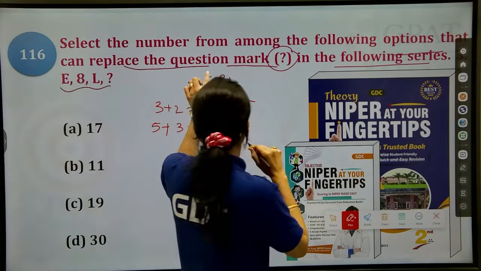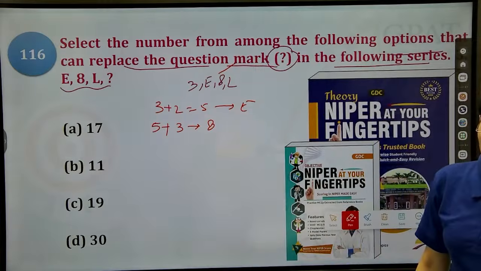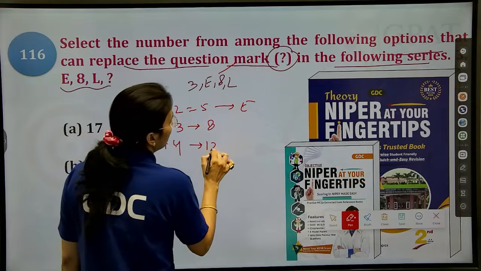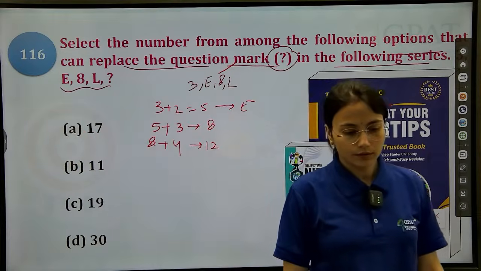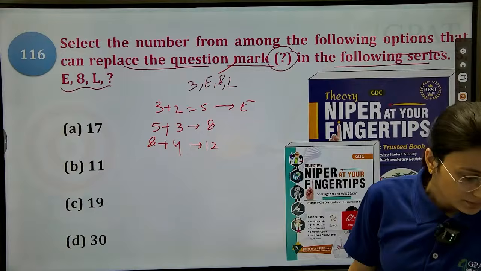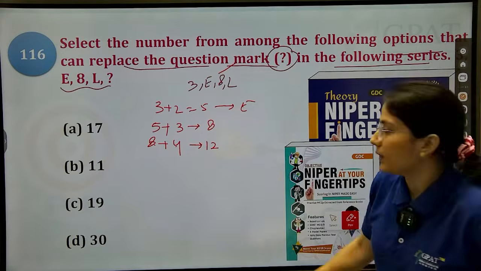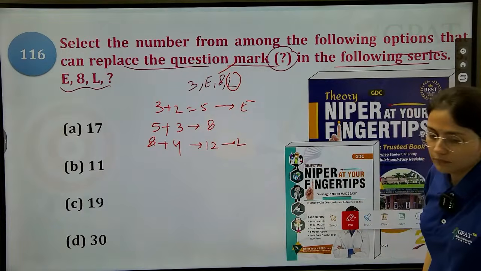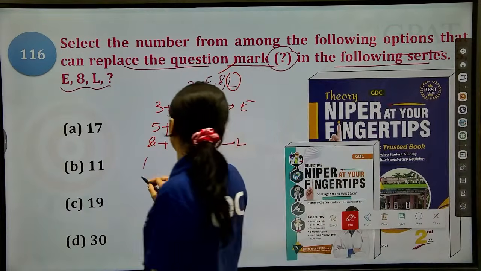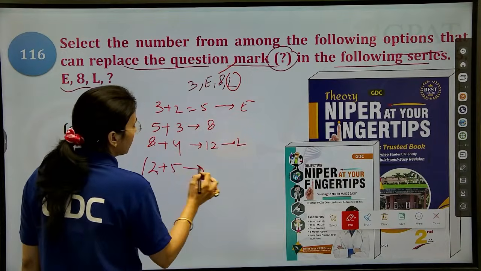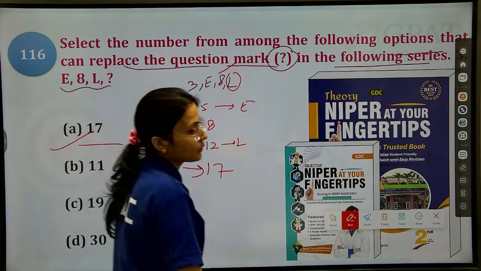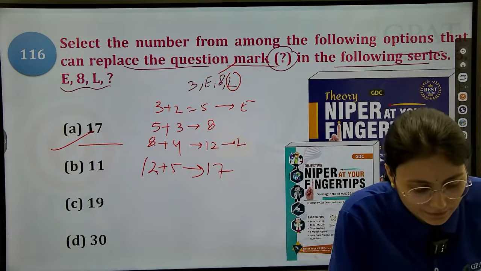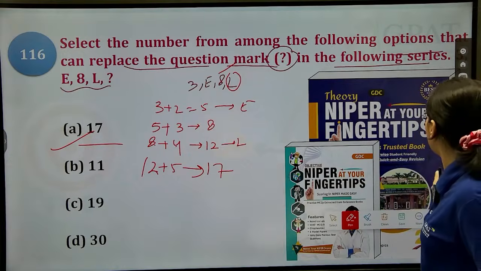If you add 8 plus 4, you will get 12, and in that position the letter L is there. Now 12 plus 5 is 17. So option A is correct. Yes, option number 17 is correct. Now move to the next question.